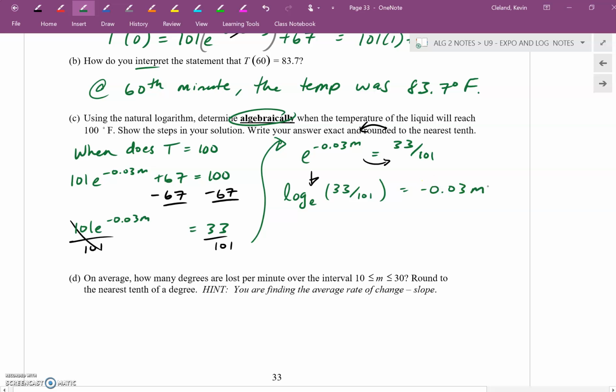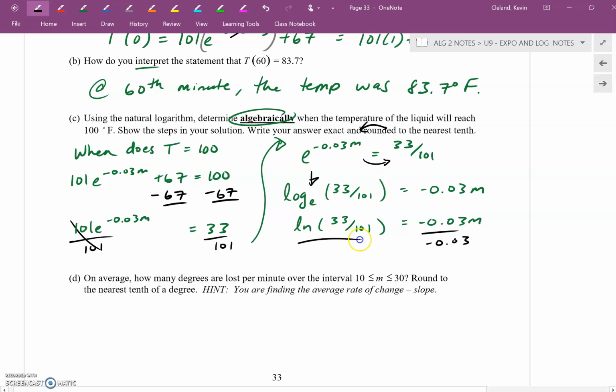Now, some people go to a calculator right away, or they convert this to the natural log and get a decimal value. I don't. I'd much rather continue one more step of inverse operations and say whatever I get is going to equal negative 0.03 times m.